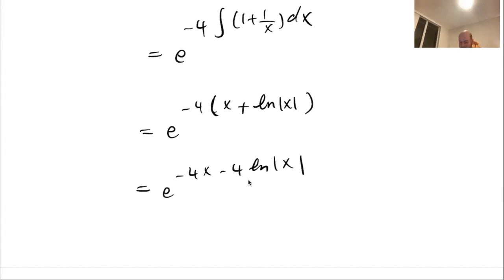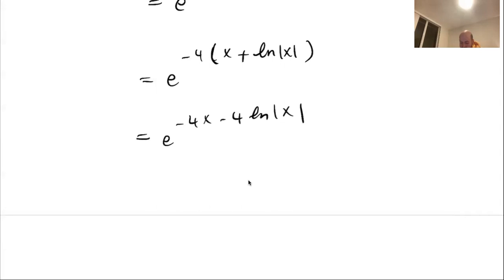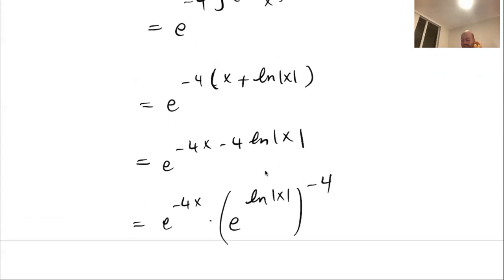And then I can write this as e to power minus 4x minus 4 ln absolute value x, which is e to power minus 4x times e to power minus 4 ln absolute value x. E to power minus 4 ln absolute value x, I can write as e to power ln absolute value x, the whole thing raised to power minus 4.